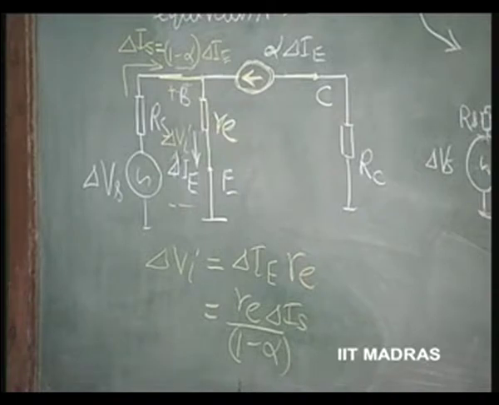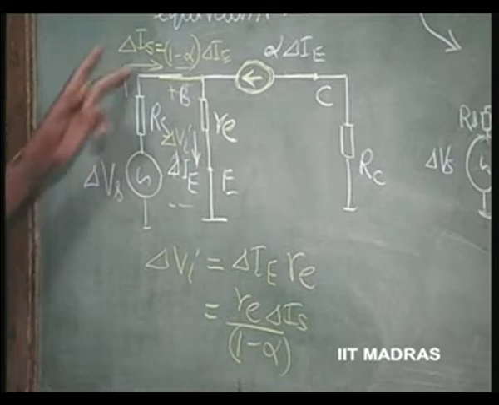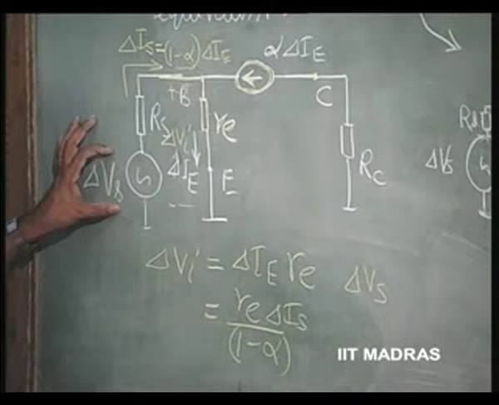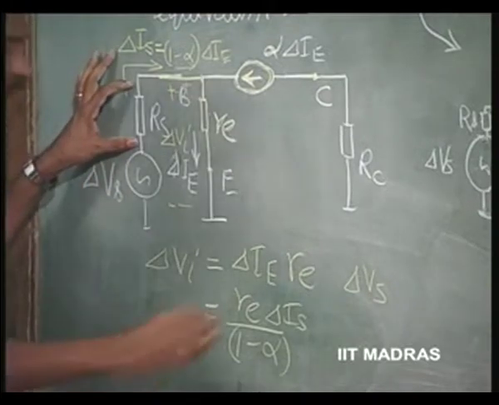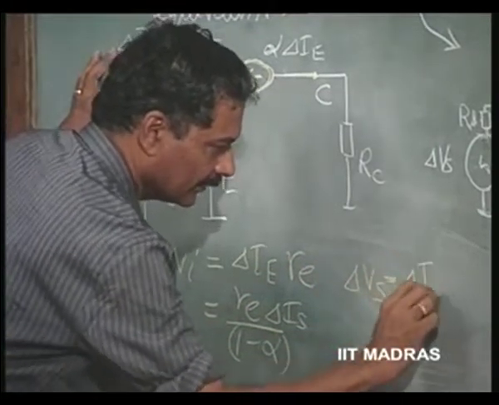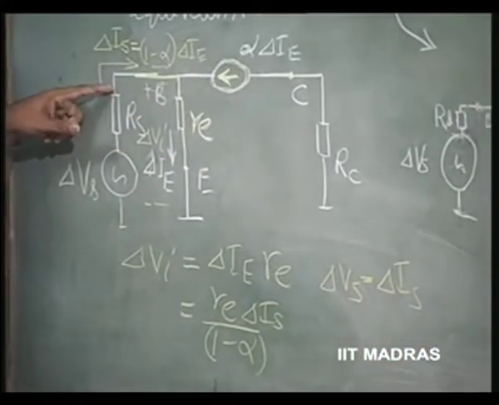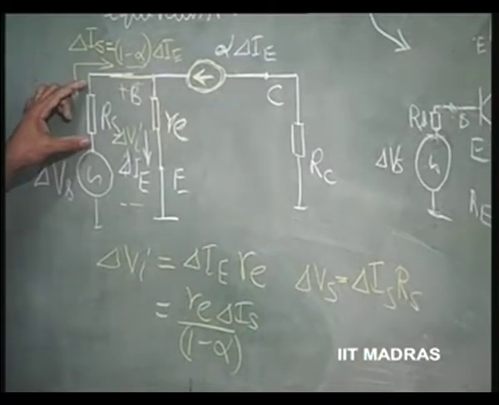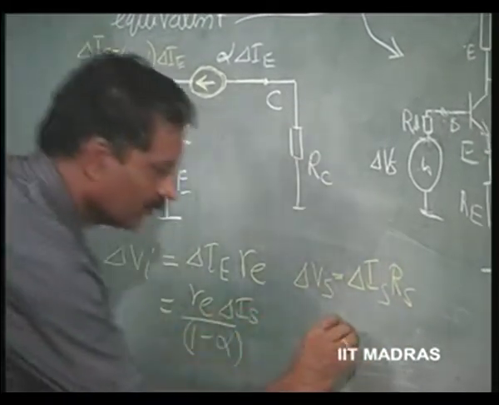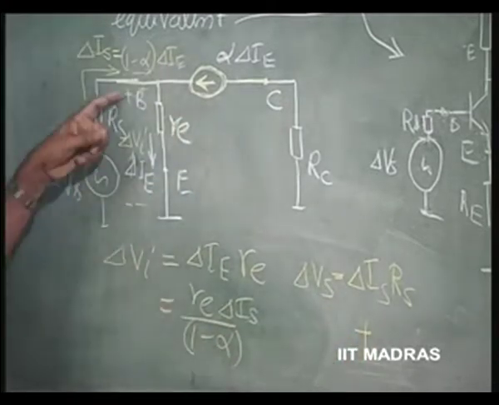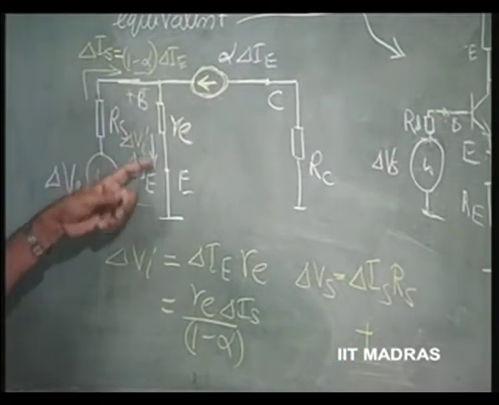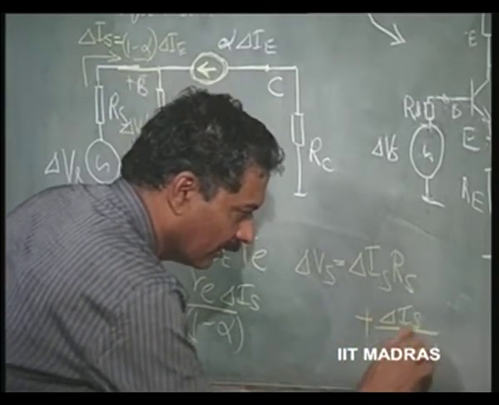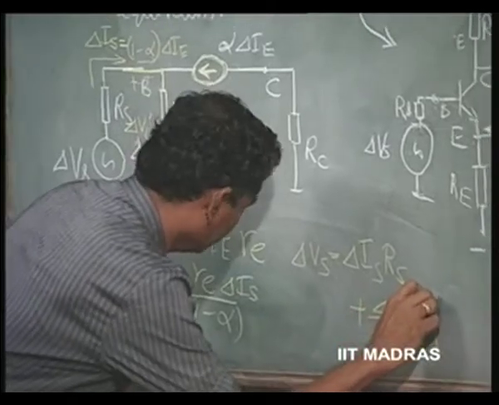So, in this loop we can therefore write delta Vs, which is this voltage, is equal to delta Is times Rs, plus this drop, that is the Kirchhoff's loop equation, delta Is by 1 minus alpha times small r.